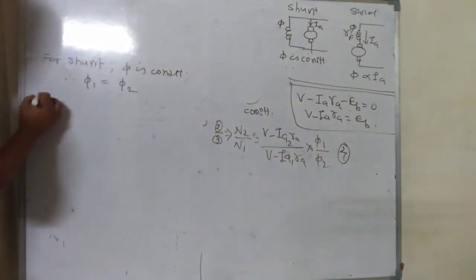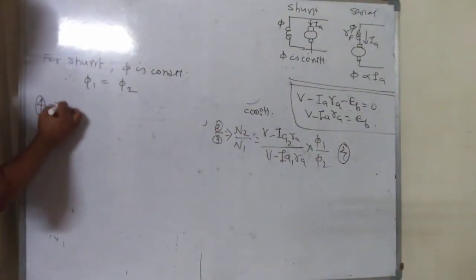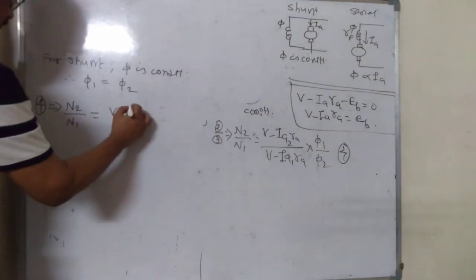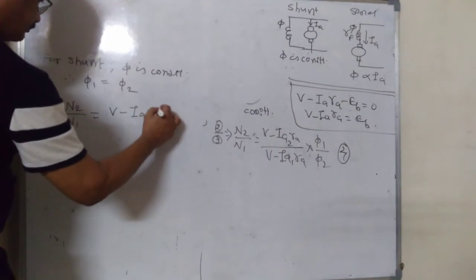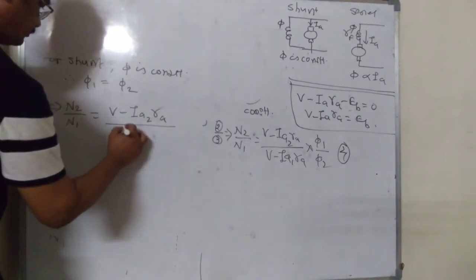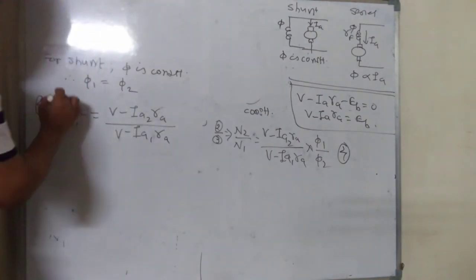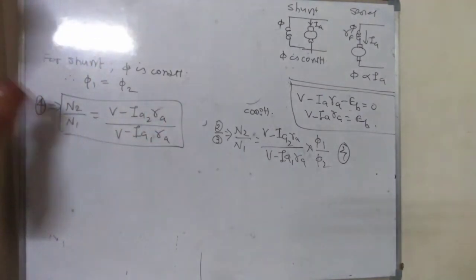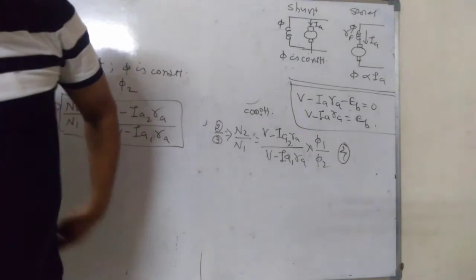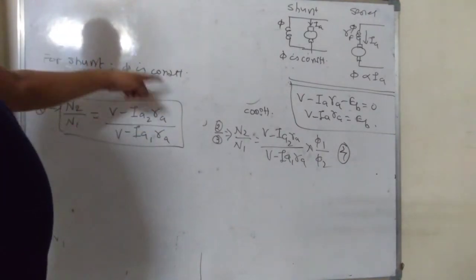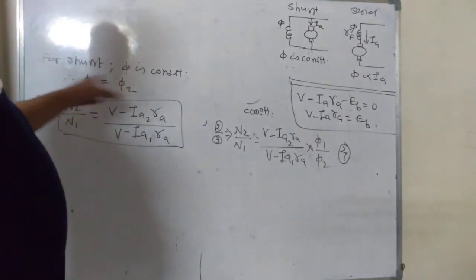If phi1 is equal to phi2, then equation 4 gives us the result. So this is the speed relation for shunt motor.